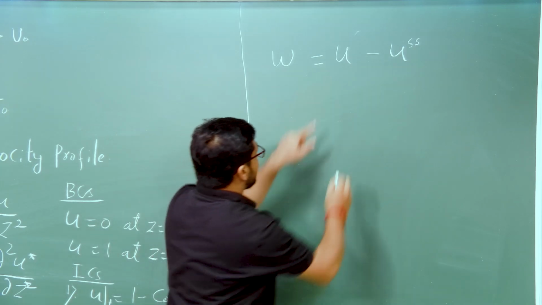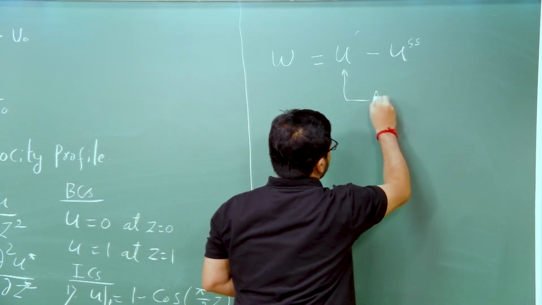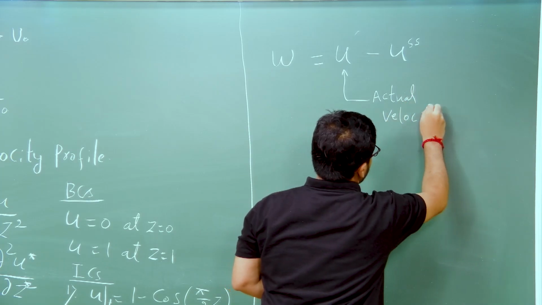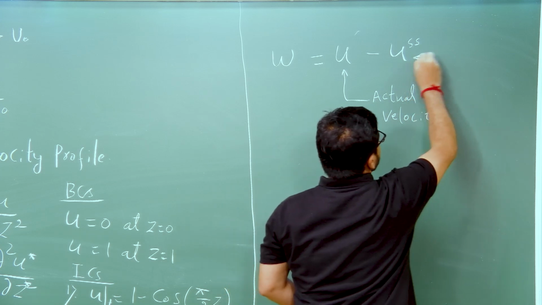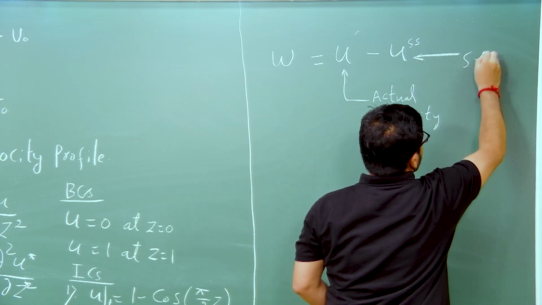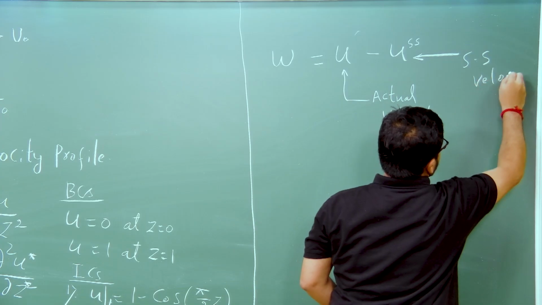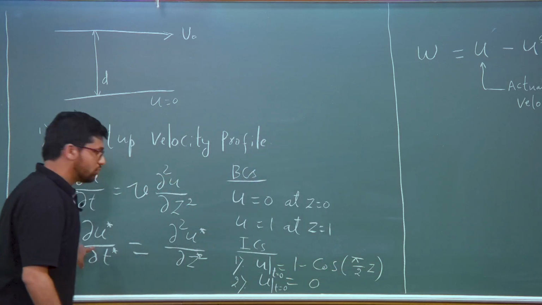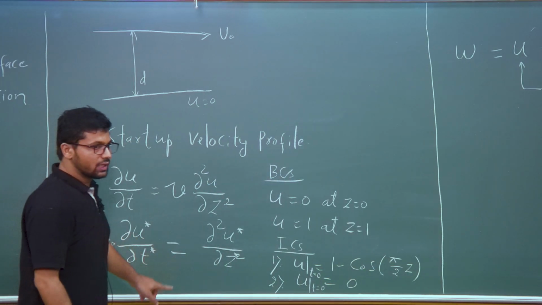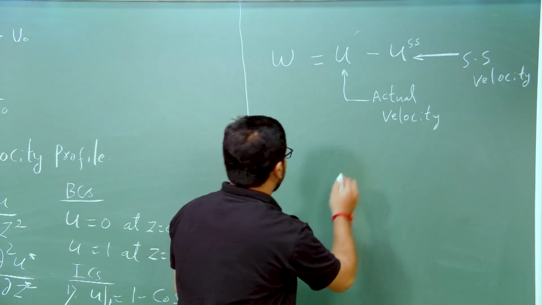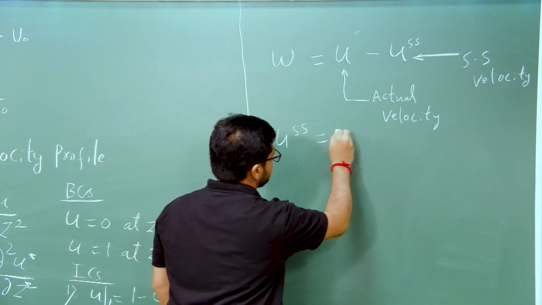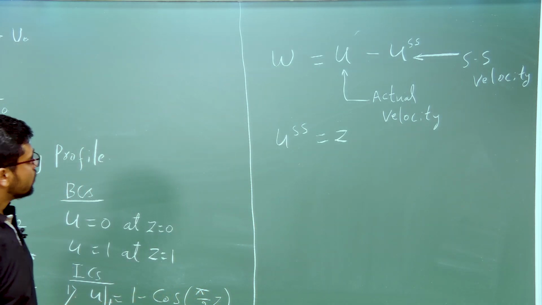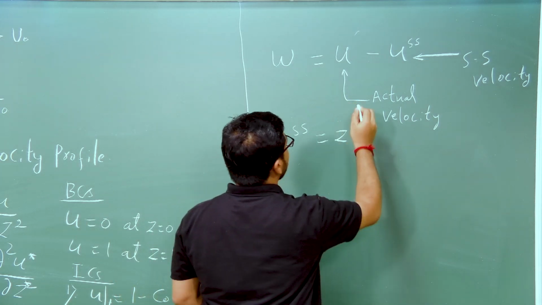Here u is the actual velocity and u steady state is the steady state velocity. If you solve at steady state, the dou u by dou t term will be 0, and you will get directly the steady state profile, and this will come as z. I hope you would have got it. So, this w is nothing but u minus z.